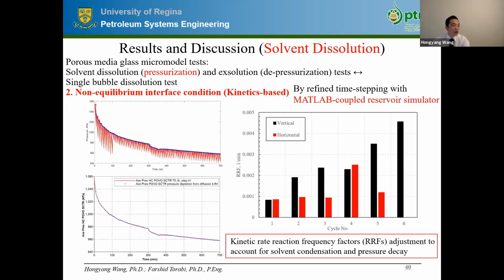Then we also used a MATLAB-controlled coupled reservoir simulator with a refined time-stepping method to yield an even better history matching result. In the kinetic-based model, the kinetic reaction frequency factor adjustment is the main parameter we use to account for solvent condensation and pressure decay.